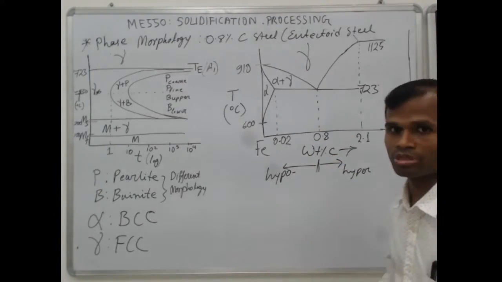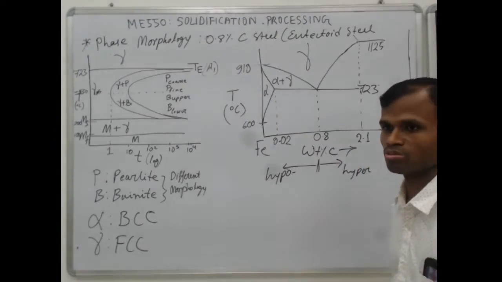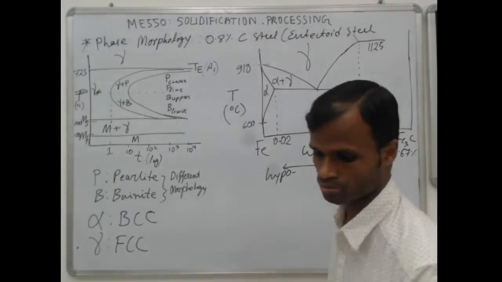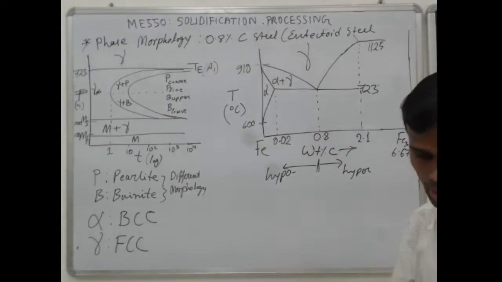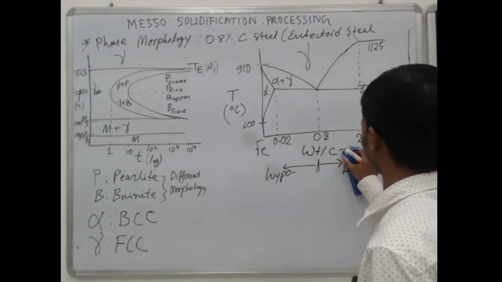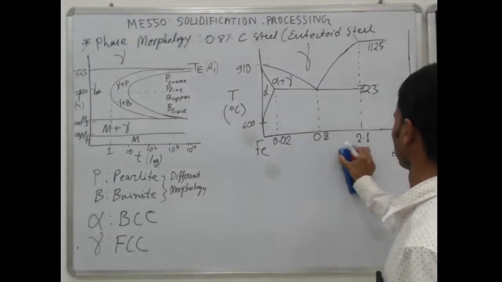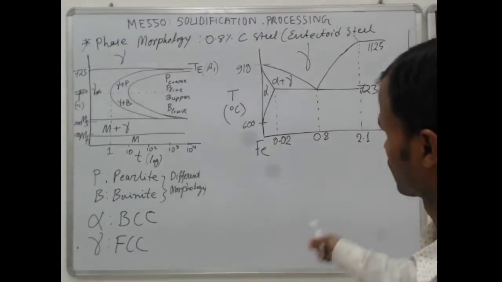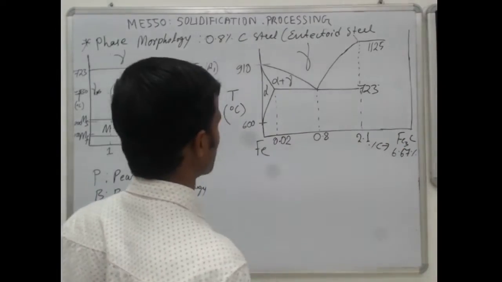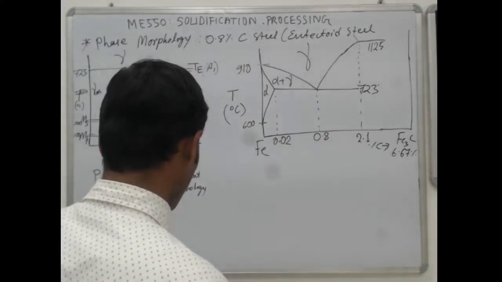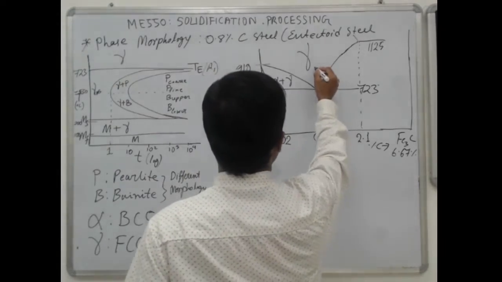So here we are going to first explain the morphology, how the phase evolves during cooling. Suppose you have a eutectoid steel. We know on this axis this is percentage carbon. So what will happen when you cool?